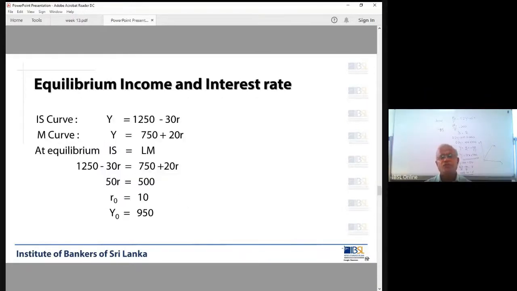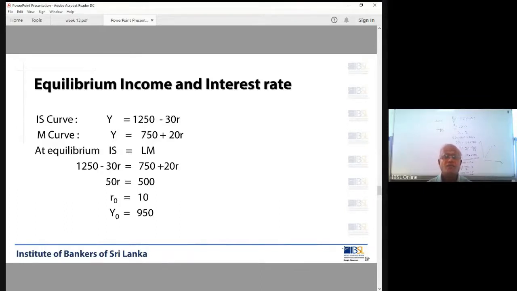I think I have used this example. Y equals 1250 minus 30R, the IS curve, which you already derived. The LM curve: Y equals 750 plus 20R. At equilibrium, IS equals LM: 1250 minus 30R equals 750 plus 20R.